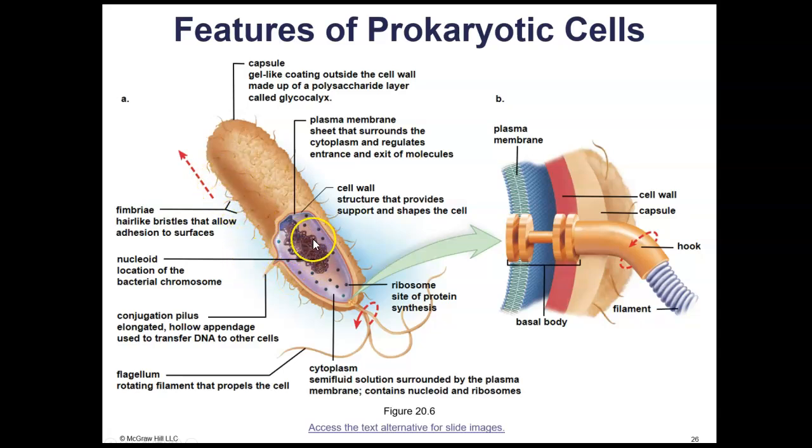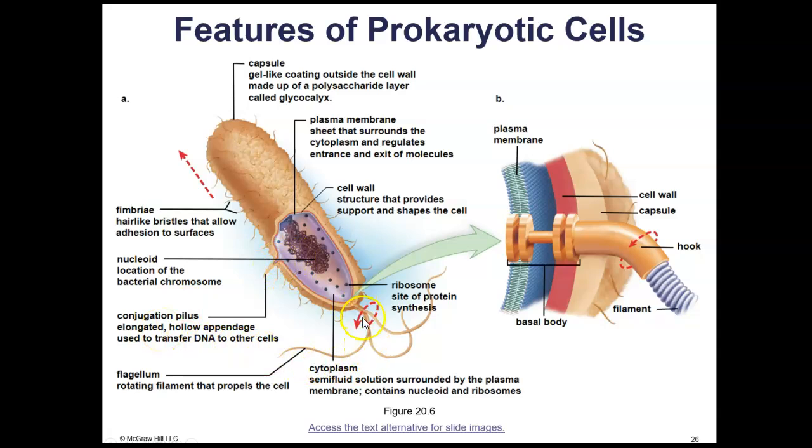The nucleoid region contains a single circular chromosome. It's just bunched up here, but it's really just one single chromosome. If you spread it all out, it would make a circle. The conjugation pilus allows this bacterial cell to donate a plasmid or a ring of DNA to another.